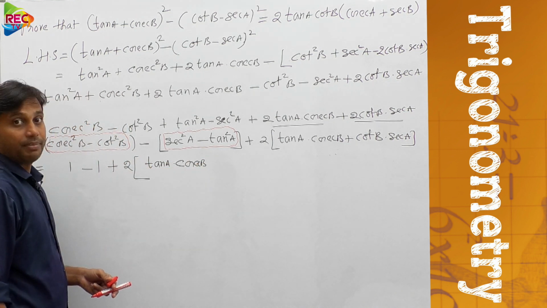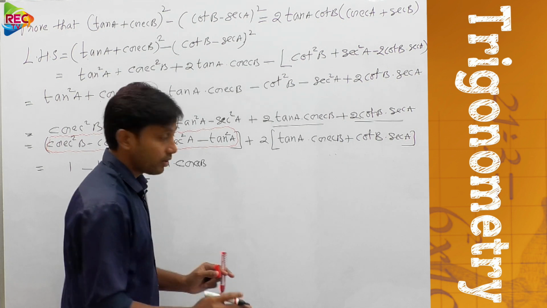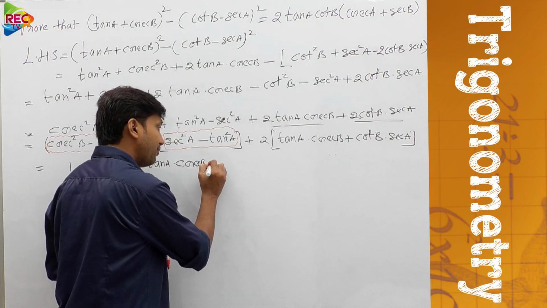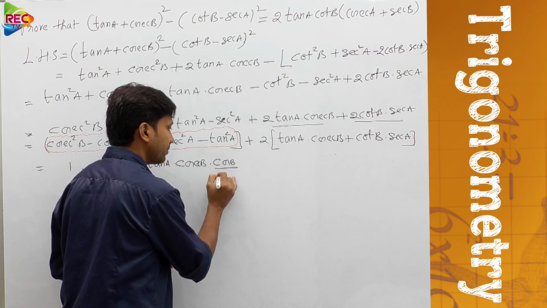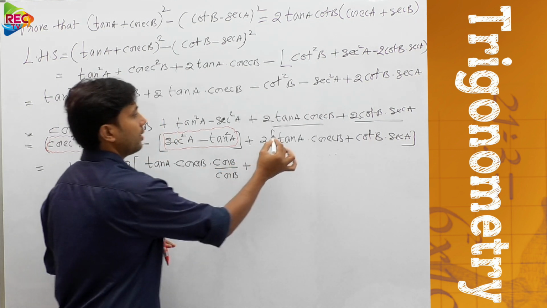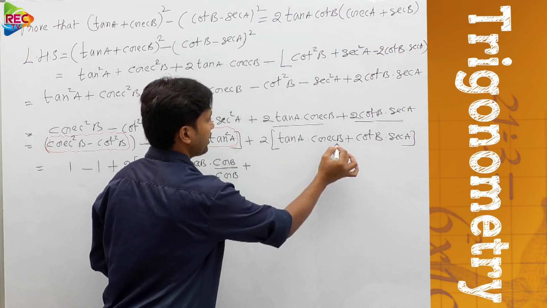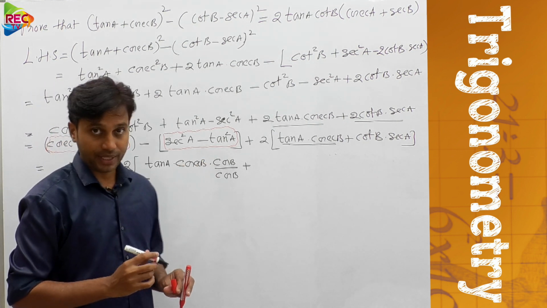Now for my convenience, I want to divide and multiply with cos b here. Can we do this or not? This expression is multiplied and divided with cos b.